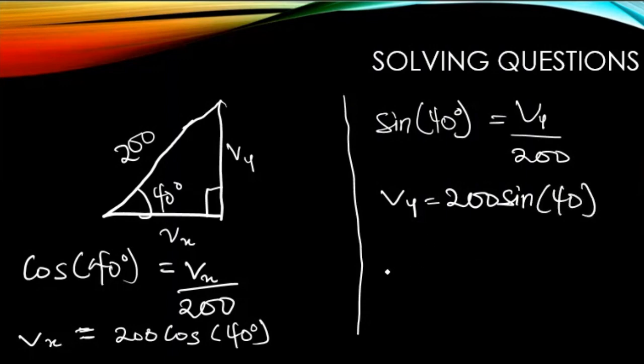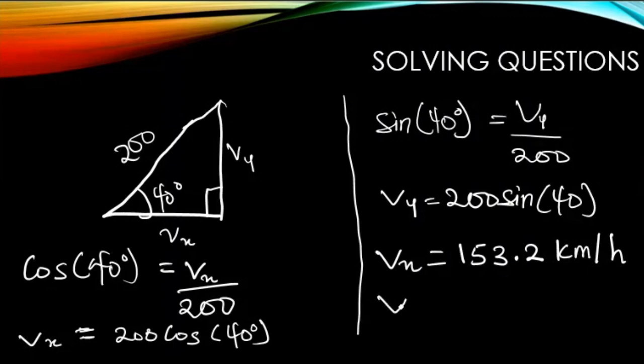Now, let's solve this. Solving this, we get Vx, that's 200 cos 40, to be 153.2 kilometers per hour.